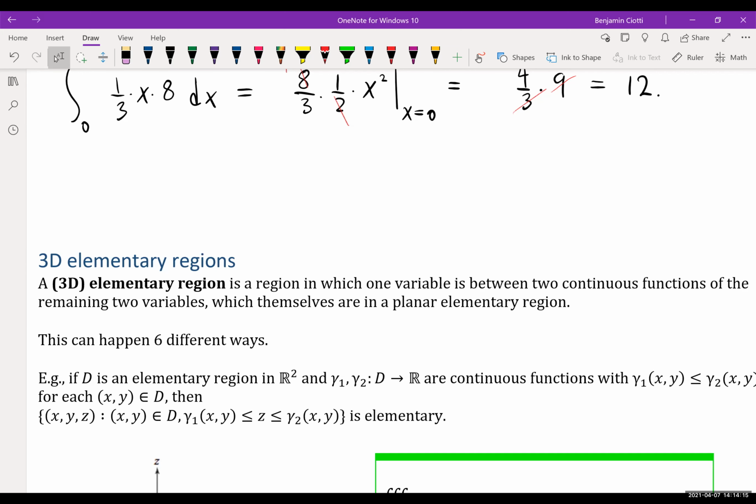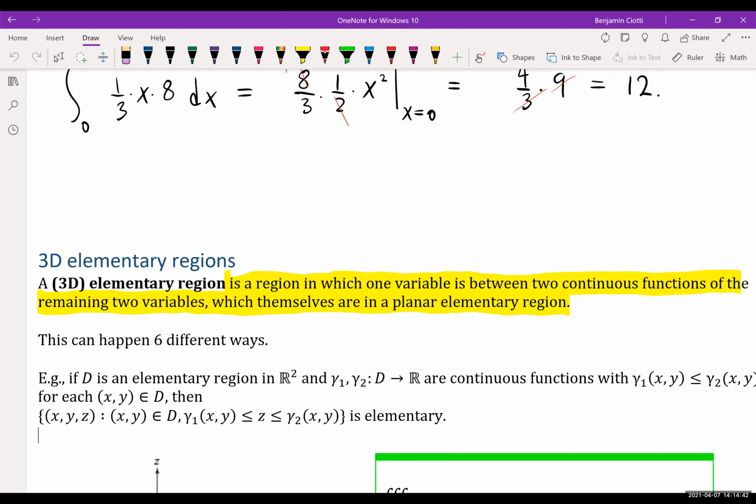Anyway, so here's the definition of a 3D elementary region. It's a region in 3 space in which one variable lies between 2 continuous functions of the remaining 2 variables, which are themselves in a planar elementary region.